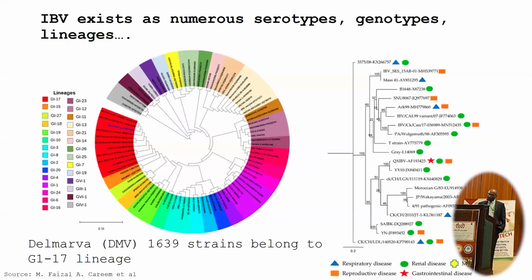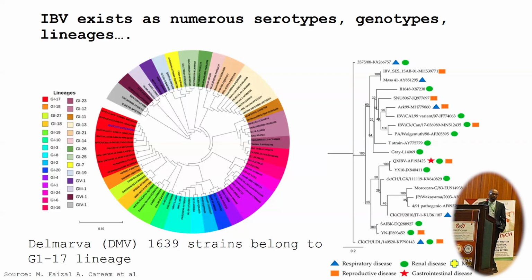These genotypes and strains can induce specific diseases. It is a respiratory virus, as the name suggests, but it can infect the renal system, gastrointestinal system, and the reproductive system.